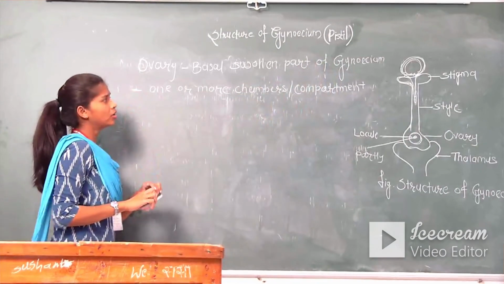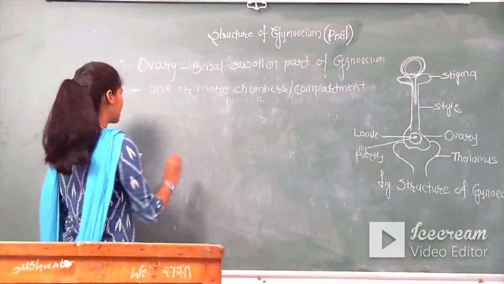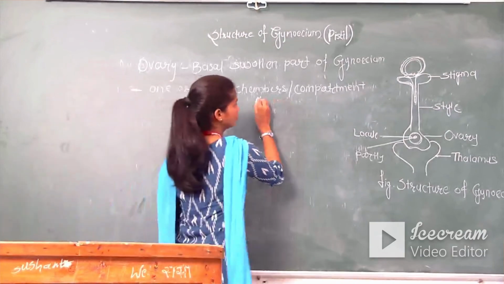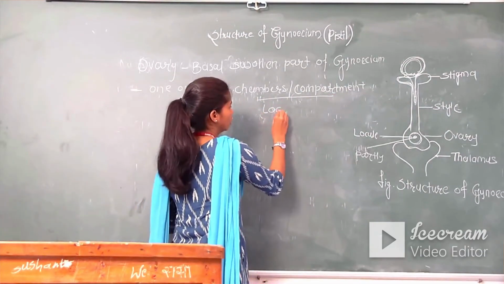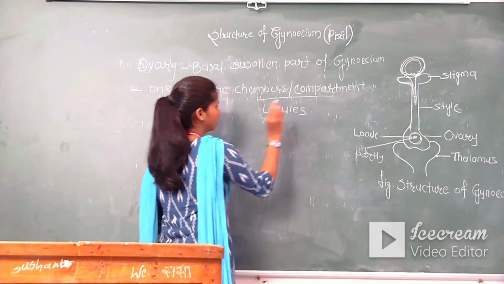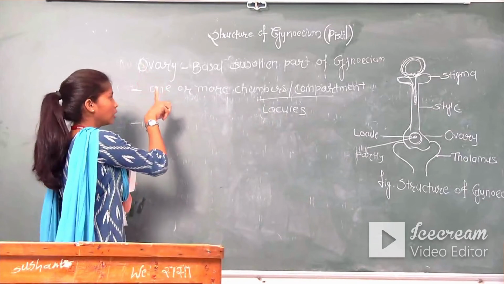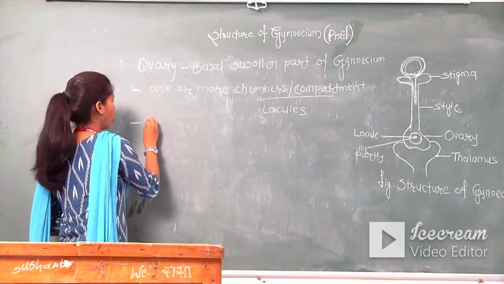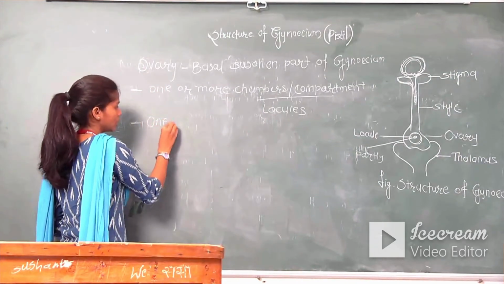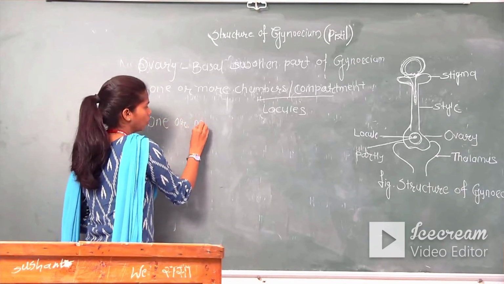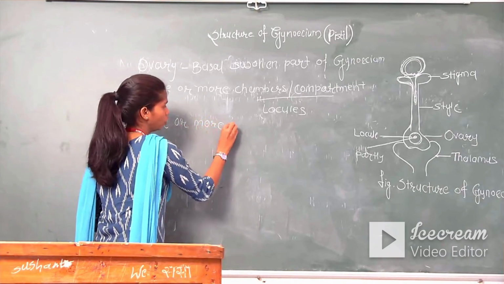This compartment or chamber is also known as locules. So, this ovary encloses one or more ovules.